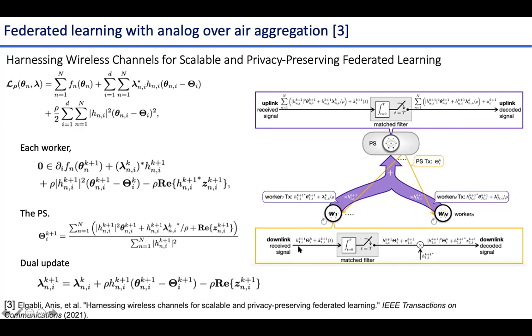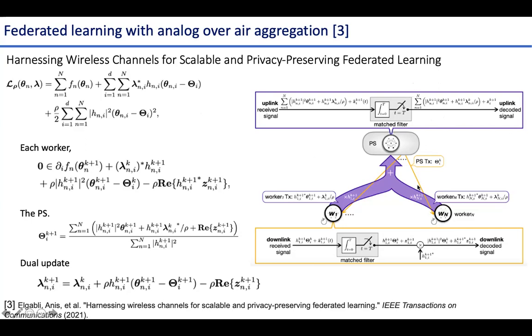Then every worker can just feed it through a matched filter and use this value to update its local model. But again, for the downlink, we don't really need to utilize analog communication because there is no competition on the available communication resources, the available bandwidth, because it's just one node transmitting to every node. So a digital scheme can be utilized for the downlink, but an analog scheme for the uplink.